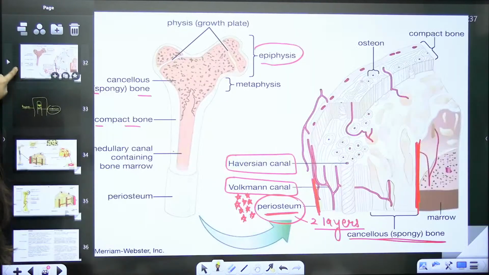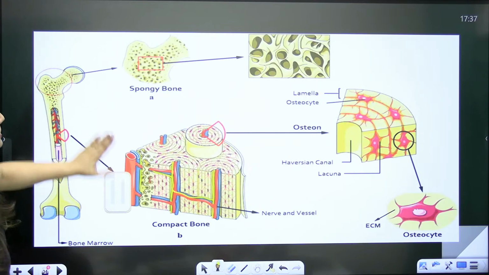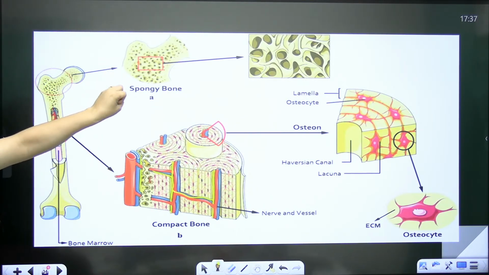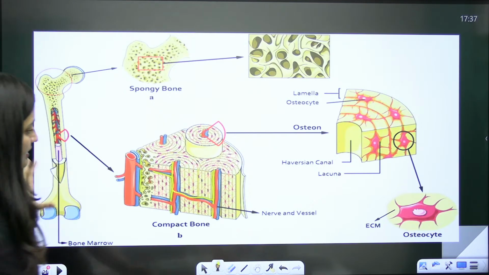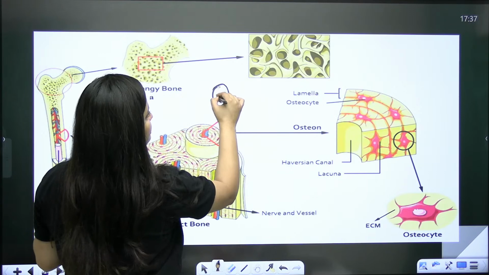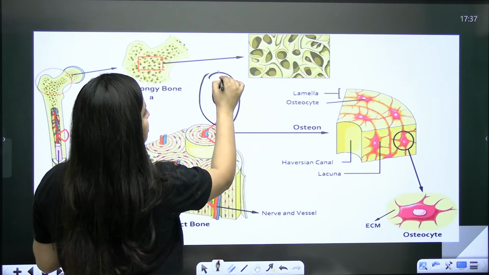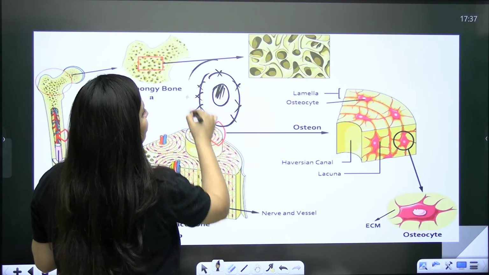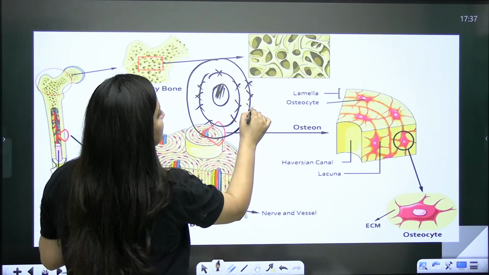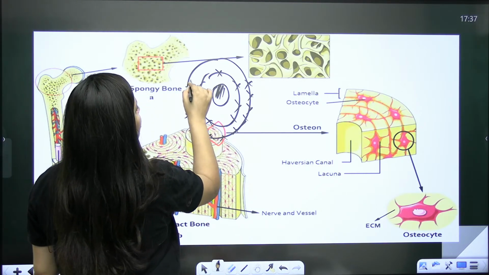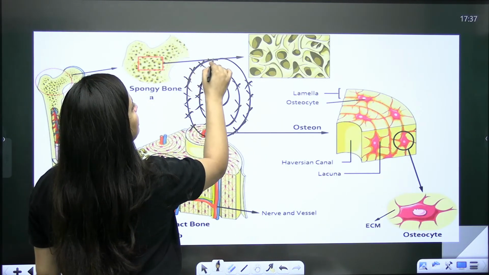Okay, so see this spongy part and the compact part. So here you will see spongy part. These canals are there, right? So bache, one diagram is given in NCERT, this. Can you see that in the diagram given in NCERT, you will see these concentric rings. Concentric rings means they have a common center.